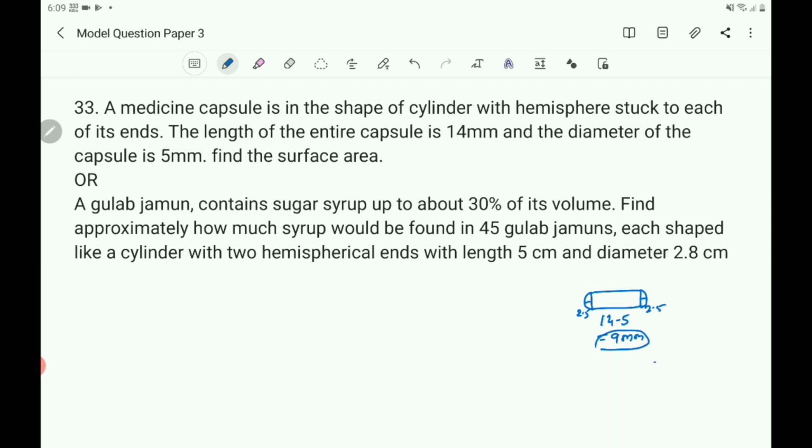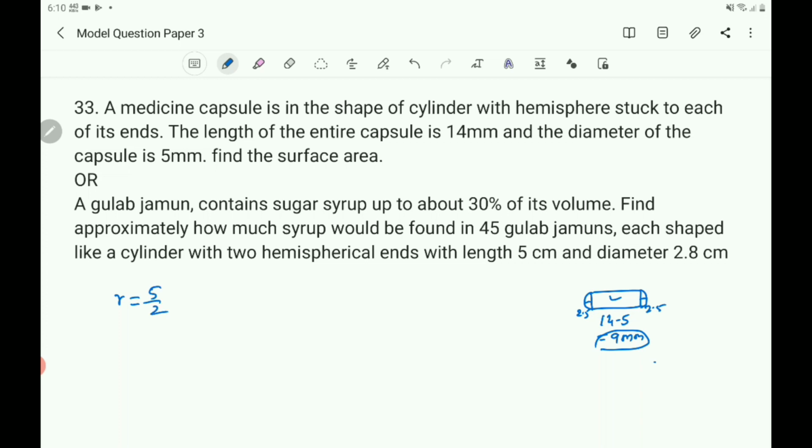So here, to find the surface area of the capsule, we have to find the surface area of the hemispherical portion and the surface area of the cylindrical portion. So you write r equals 5/2 mm, for both the cylindrical portion and the hemispherical portion.